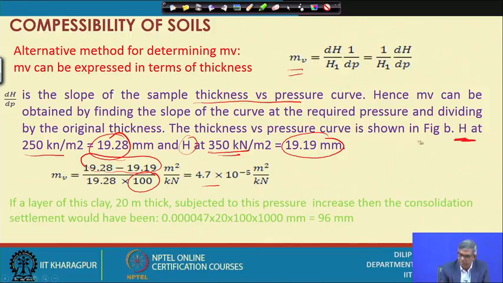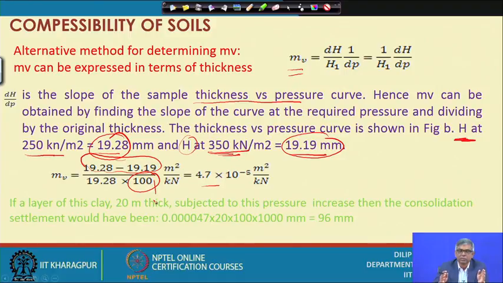Before that, from the plot, corresponding to pressure 350 the thickness is this, and corresponding to pressure 250 the thickness is this. We have to find mv in the pressure range of 250 to 350. What is the change of pressure? It is 100, so del P is 100.